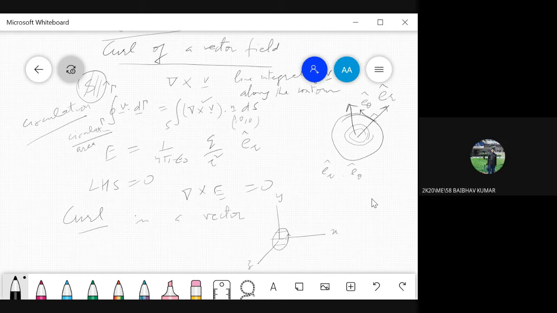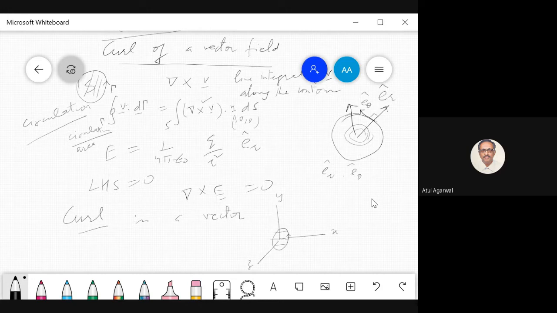Yes, sir. So you get a component of the curl in X direction by assuming a circle, an infinitesimal area, having normal vector in X direction.